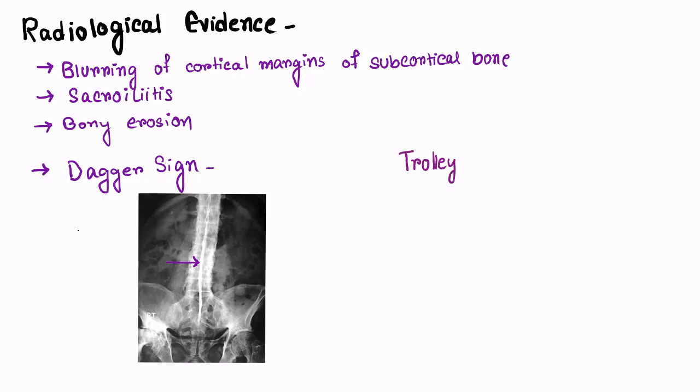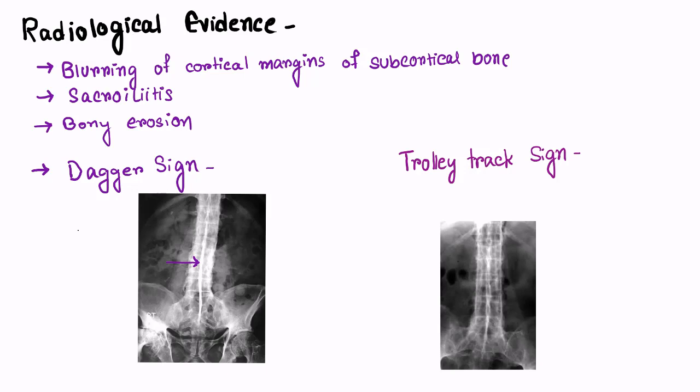Now the trolley track sign: radiograph of the lumbar spine with linear vertical increased density along the spinous process. This single central radiodense line along with the two more lateral vertical lines is known as the trolley track sign.